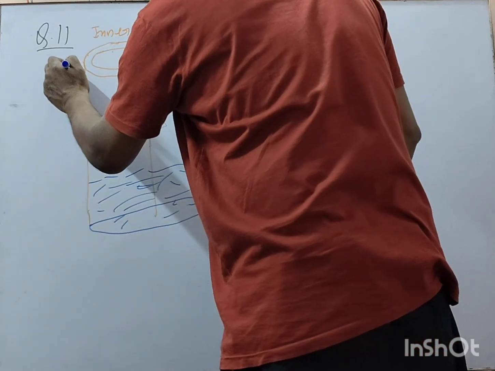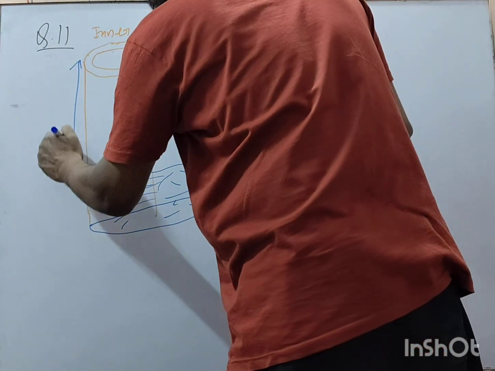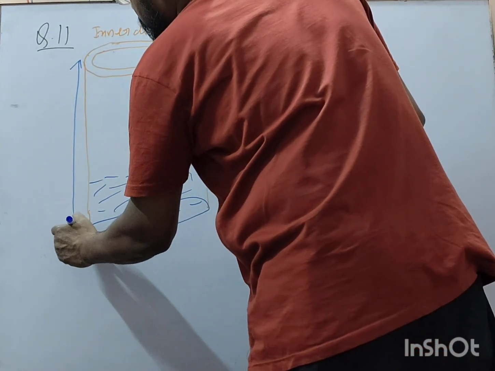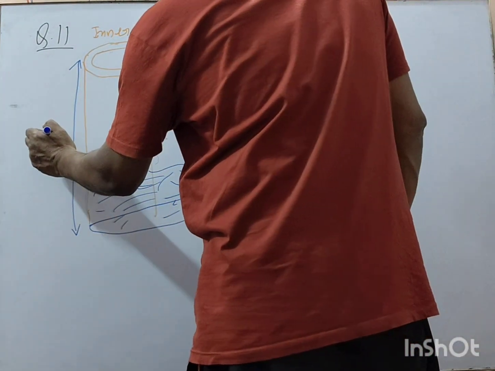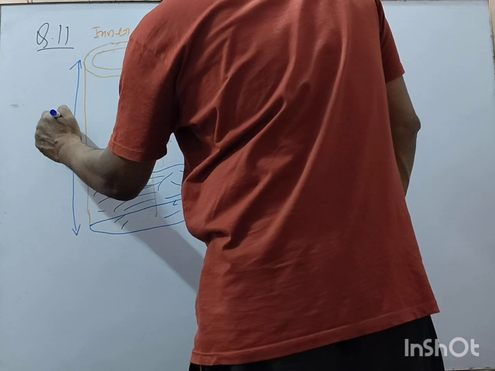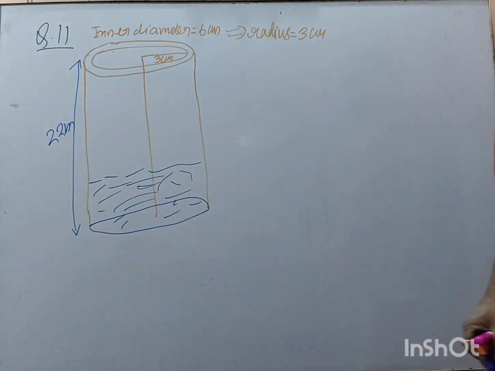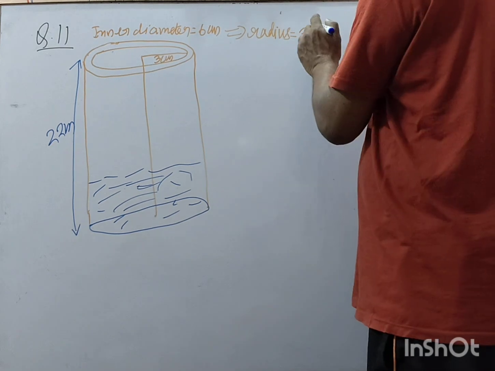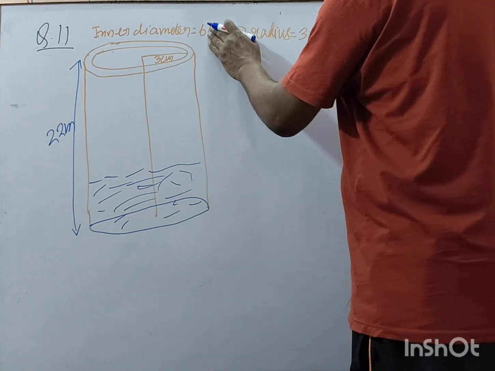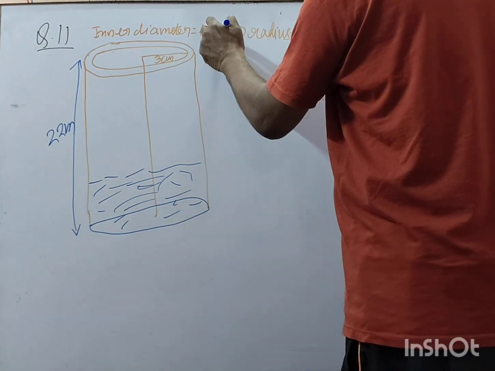Soil is taken out. What is the height? 22 meter. Radius is also in meter. Okay, meters.